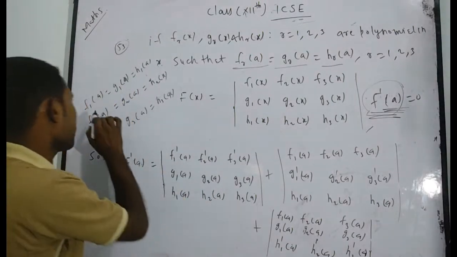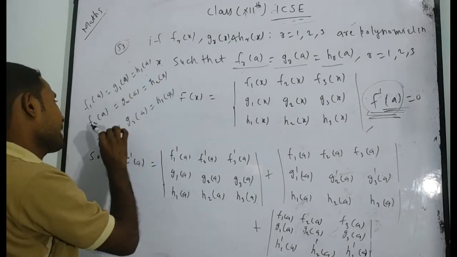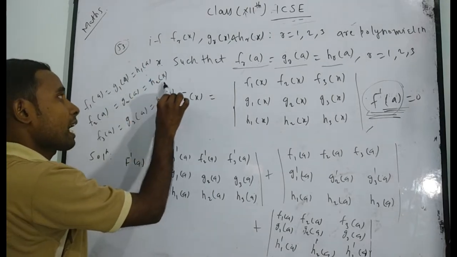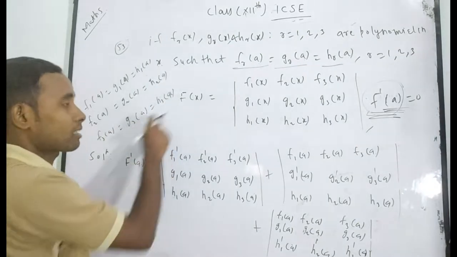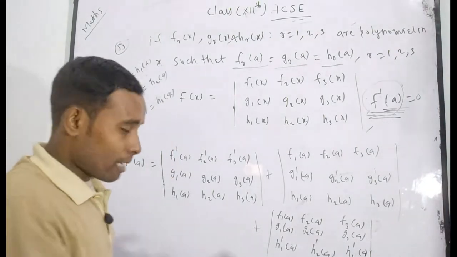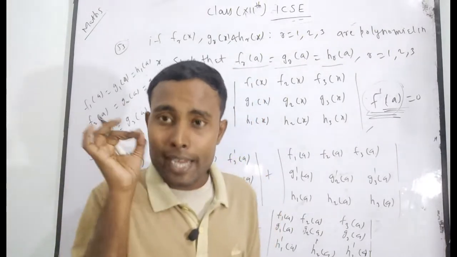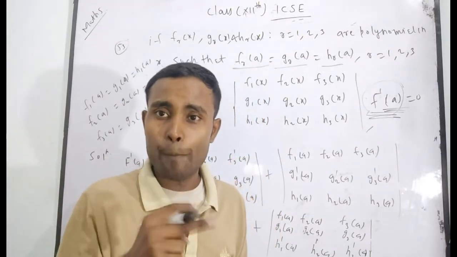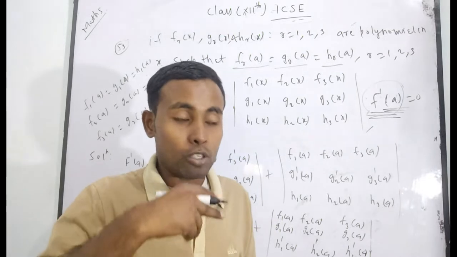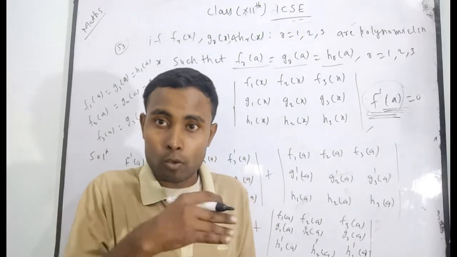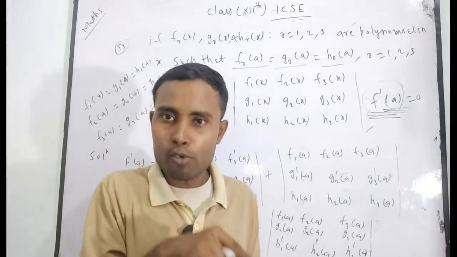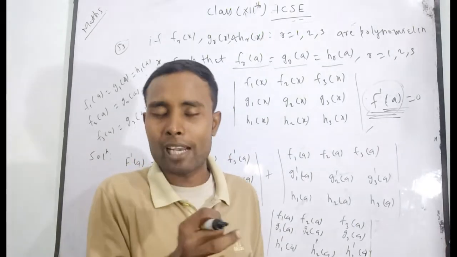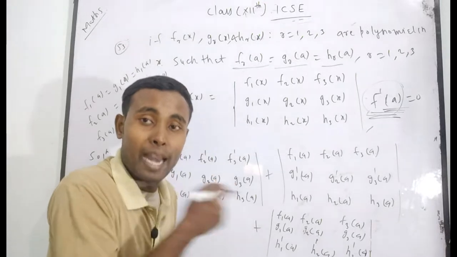As you know, f1a is equal to g1a is equal to h1a, f2a is equal to g2a is equal to h2a, and similarly f3a is equal to g3a is equal to h3a. As I have just told you, if in any determinant the ratio of corresponding elements of two rows is constant, that means a fixed value, in that case its determinant will be 0.